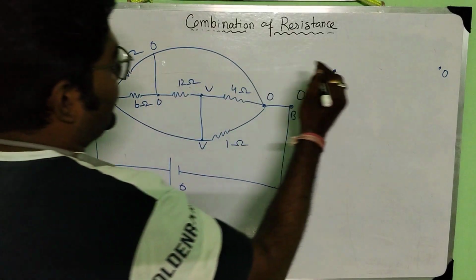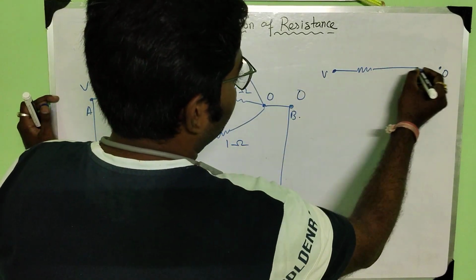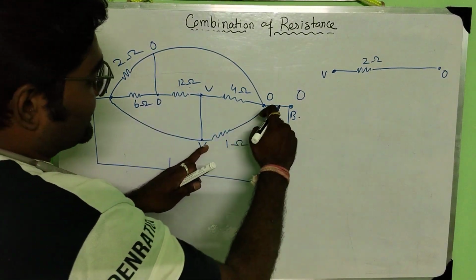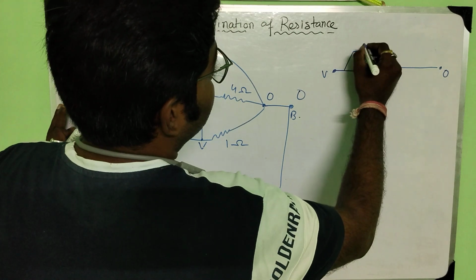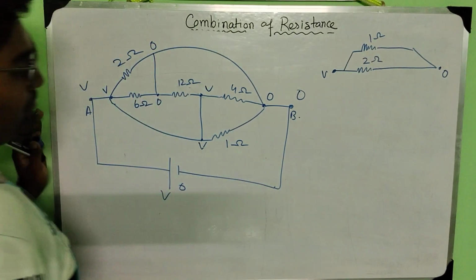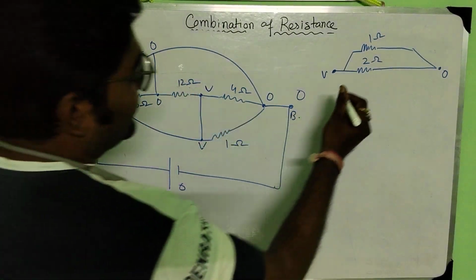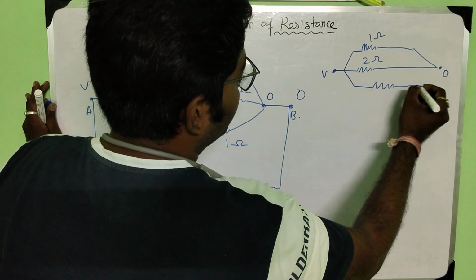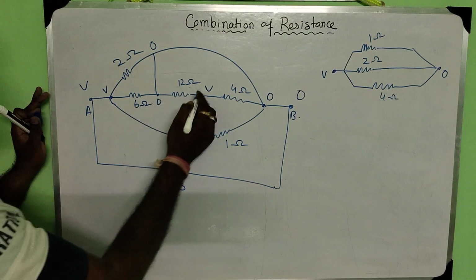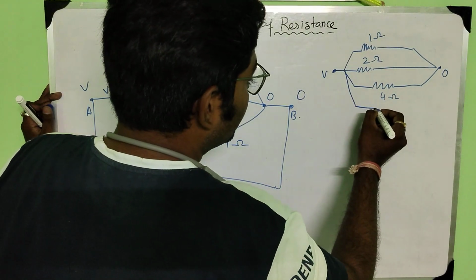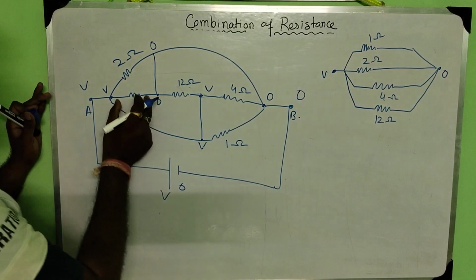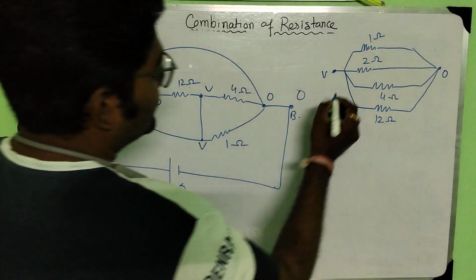This 2 ohm is connected between V and 0. This 1 ohm is connected between V and 0. This 4 ohm is connected between V and 0. This 12 ohm is also connected between V and 0. This 6 ohm is also connected between V and 0.